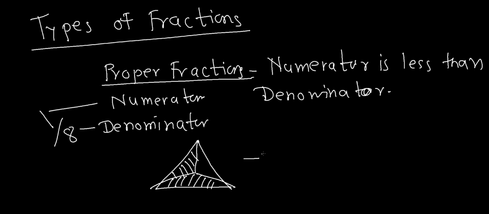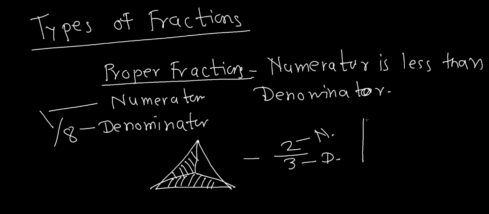So the representation will be 2 by 3, where the numerator is 2 and the denominator is 3. And in this case the numerator is less than the denominator, that is a proper fraction.